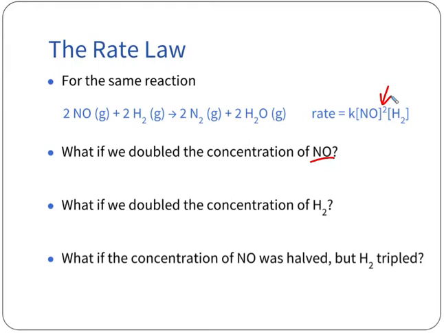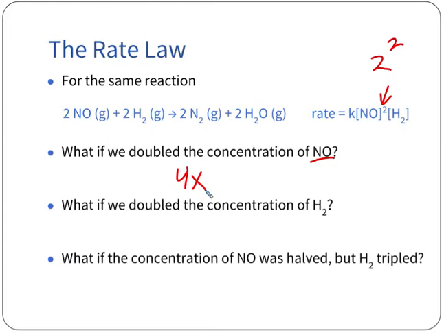So if we double the concentration of NO, the rate is going to change by 2 squared. That means the rate is going to go up by 4 times, because the order with respect to nitrogen monoxide is 2.